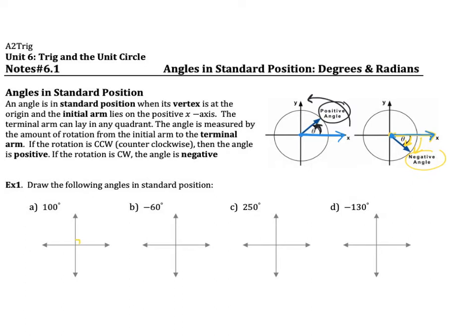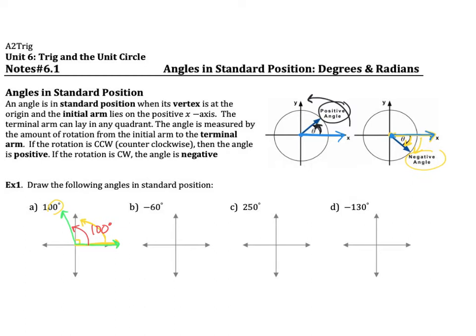So if we were to rotate here from the positive x-axis to the y-axis, that would be a 90-degree angle. And because we want to get 100 degrees, we're going to rotate just beyond that 90-degree angle. So this right here would be about 100 degrees. Is it exact? No, we're just making an approximation. But I am rotating in the positive direction.